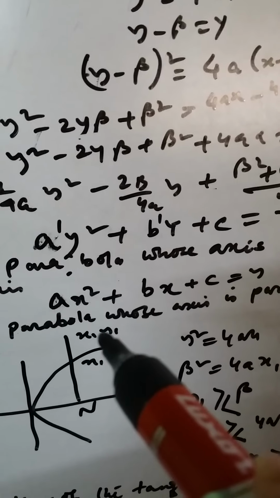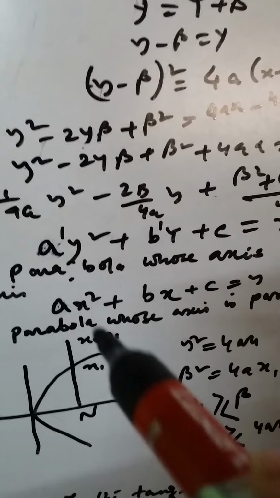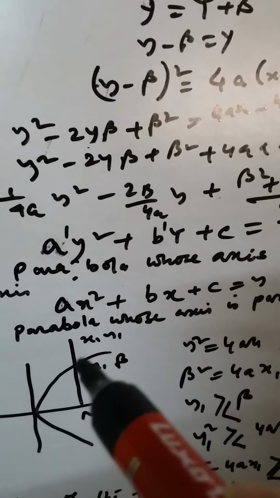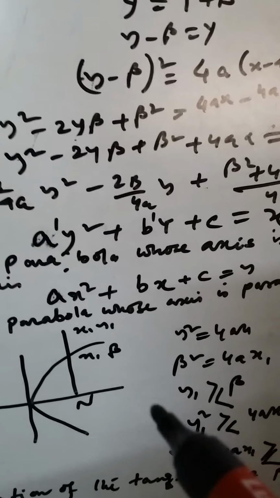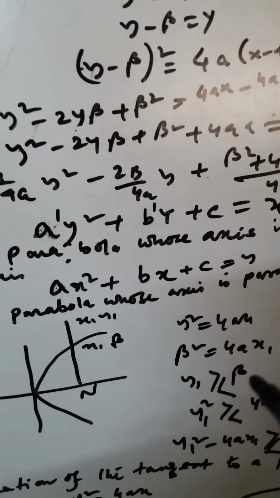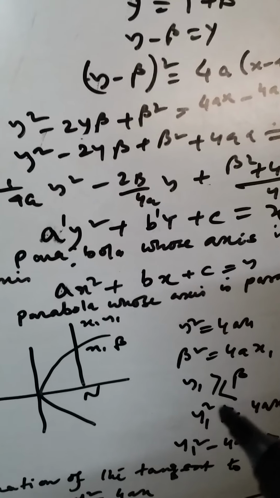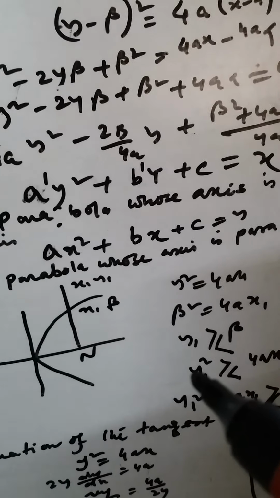Suppose you draw a perpendicular, and x1, beta is the point here. If y1 is greater than beta, the point is above, equal to beta it is on the parabola, and less than beta it is inside.